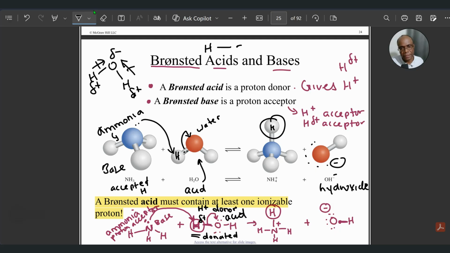Another example is HCl. Dipole moments point towards the Cl, meaning the hydrogen has less electron density, it's partially positive. Chlorine is full of electron density, it's partially negative. So again, HCl then is an acid.